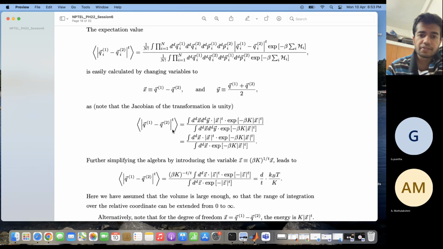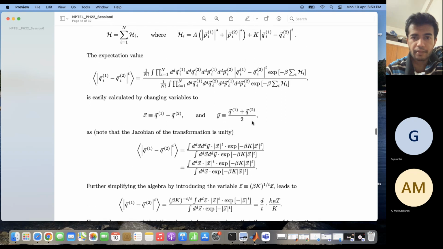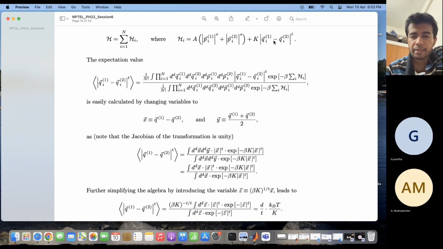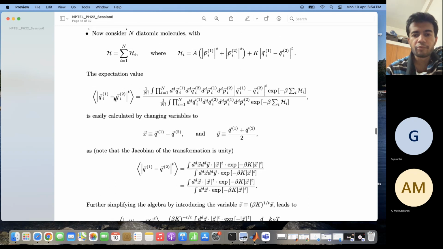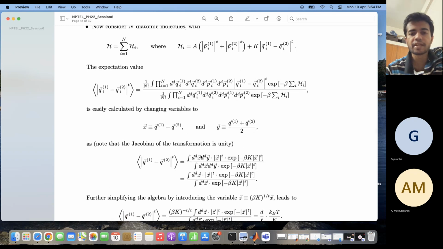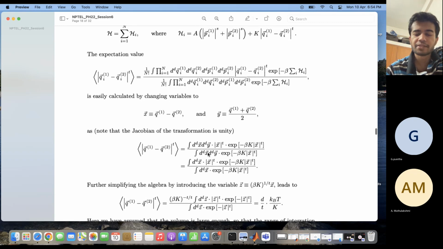Then if I transform the variables to these new coordinates with the Jacobian of this transformation, I basically get the left hand side to be equal to an integral over x and y, x to the power t e to the power of minus beta k x to the power t. Okay, because the Hamiltonian basically becomes k x to the power t. And I ignored the integral over the momentum coordinates because I'm only concerned with the integral over position coordinates. The integrals over the momentum coordinates cancel out from the numerator and denominator. That's why I have neglected those.